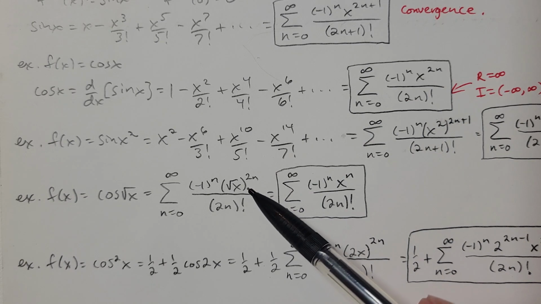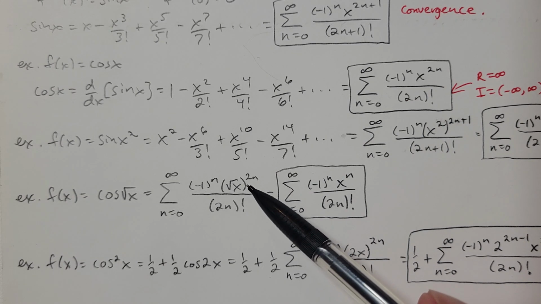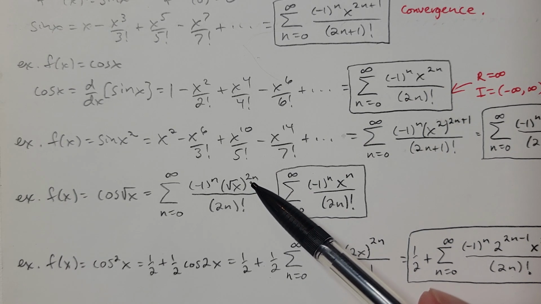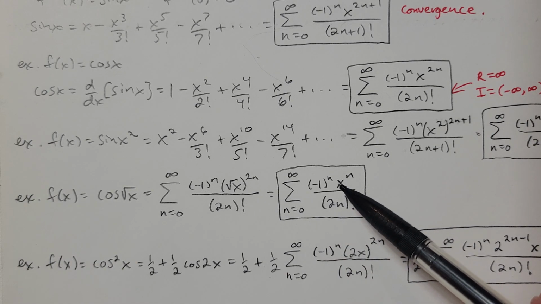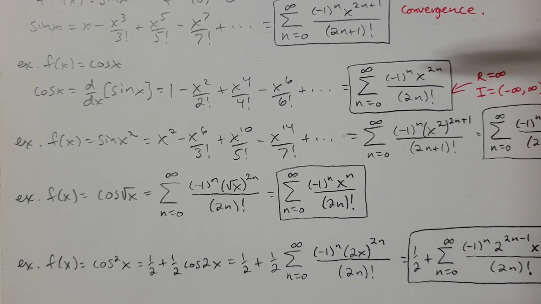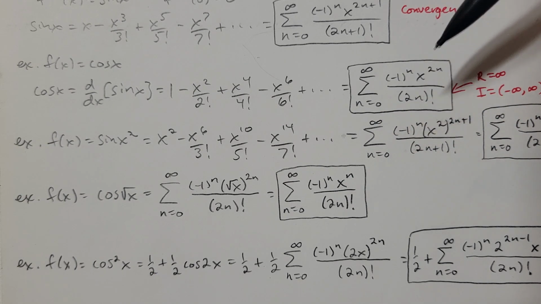Well, the square root of x, that's the same as x to the 1/2. And 1/2 times 2n, that'd be n, so x to the n. Okay, so the answer would be the summation as n equals 0 to infinity of negative 1 to the n times x to the n divided by 2n factorial.